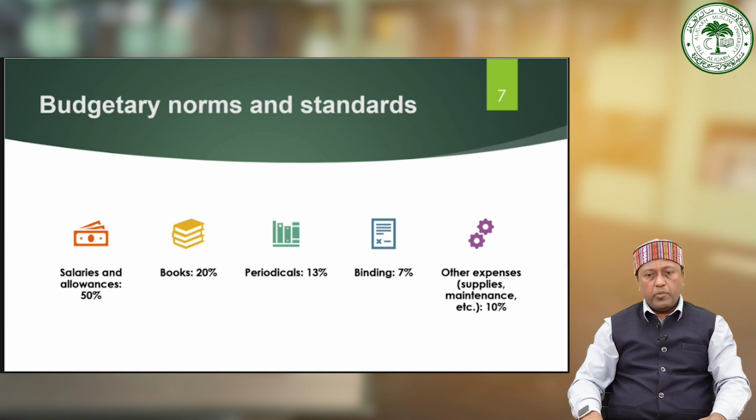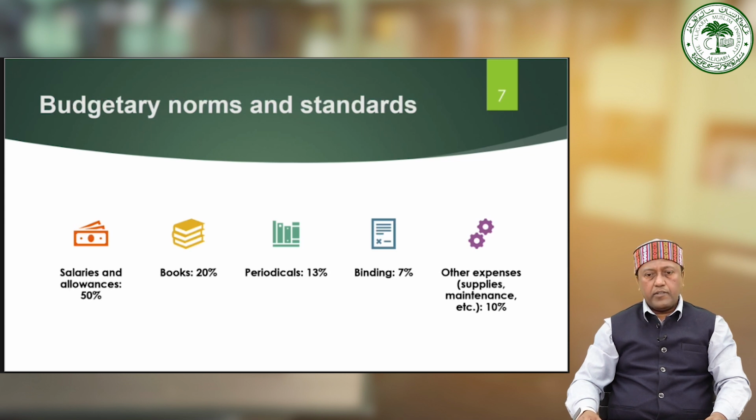Especially for public libraries, the distribution of funds is similar, because for academic libraries periodicals are necessary, but in public libraries probably magazines or secondary periodicals will be there, or you can manage some other things in place of these periodicals.